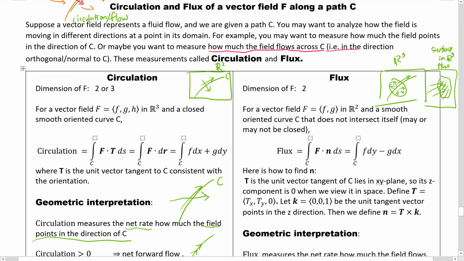Okay, so we have a curve, right? And we want to measure, so let's say we have this curve, we want to measure how much of the vector field is going across it. So that's why we want to find the component with the normal vector.